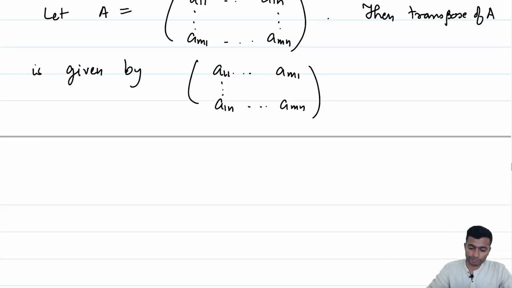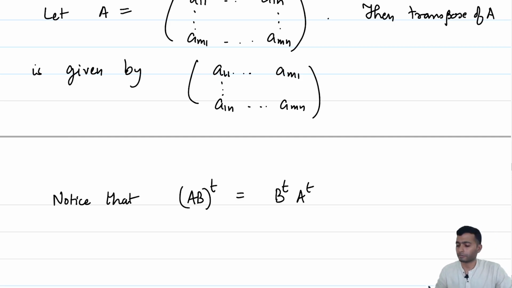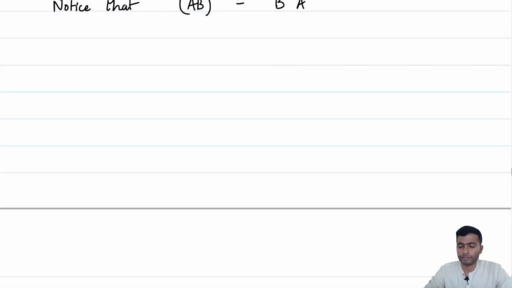A few properties of transpose are important to be noted here. Check that, I will leave it to you again. Notice that you would have seen it already. (AB) transpose is the same as B transpose A transpose. And further, if A is invertible, so is A transpose.